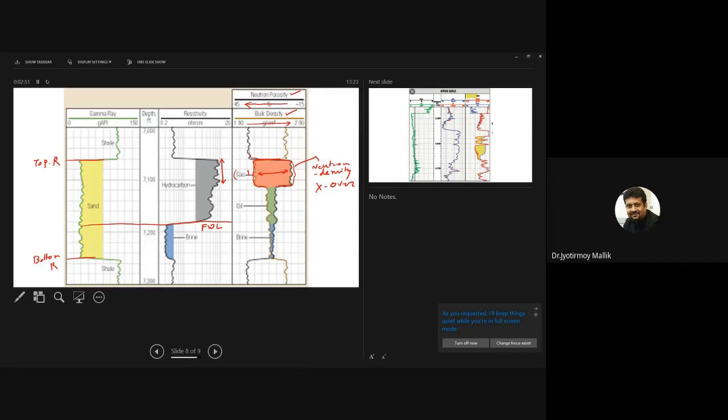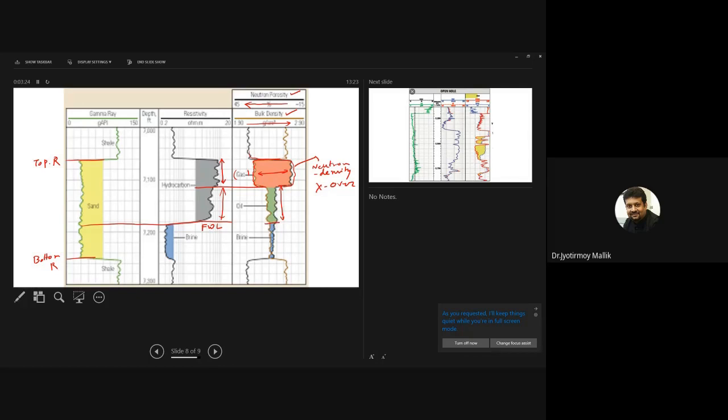How the neutron density curve actually works, we will discuss later. Actually, this will be part of one of your assignments, but we will understand the mechanism later on. For the time being, remember that this neutron density crossover typically suggests that the type of hydrocarbon is gas. After the crossover is over, you can still see I am in the higher resistivity zone, so the rest of the higher resistivity zone is perhaps oil, and then comes your water.